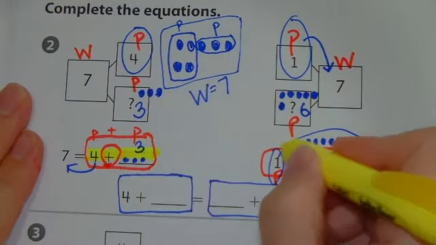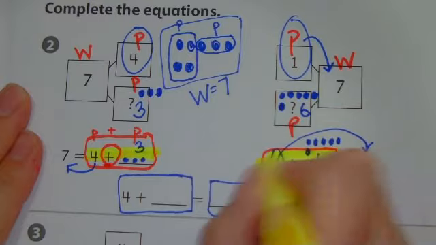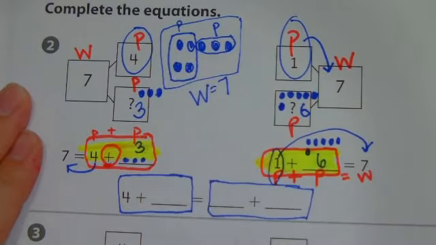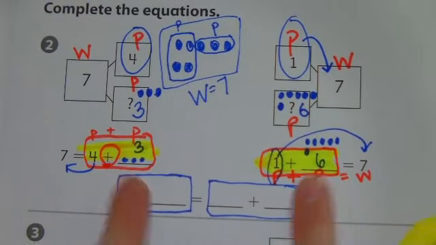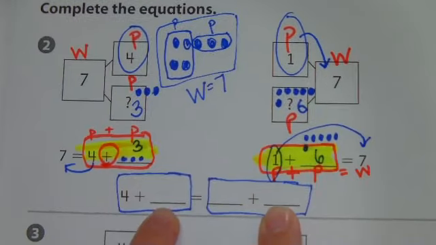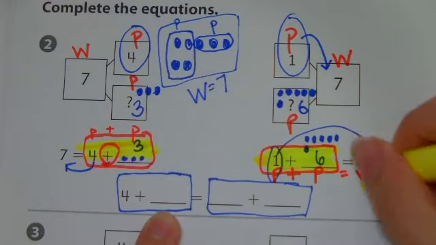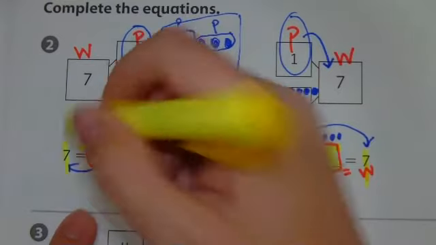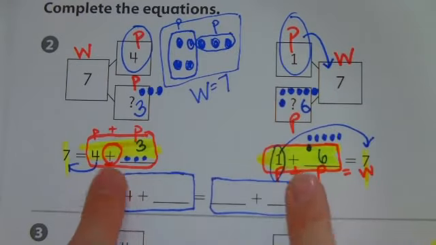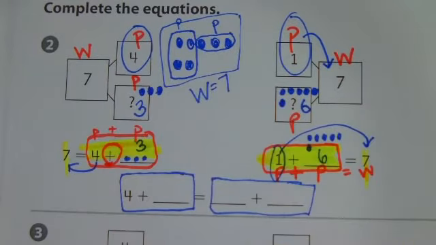What we are going to do now is take 4 plus 3, and take 1 plus 6, and move them down here into the equations, because our total here was 7, right? And the total over here was 7.